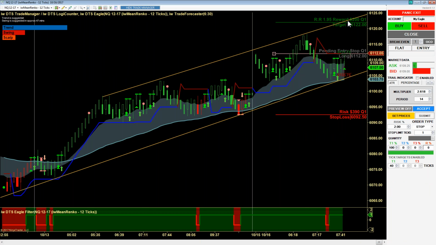You can see my target, the top end of this trading range that we've identified. I don't know, it might be a little ambitious, but you never know.